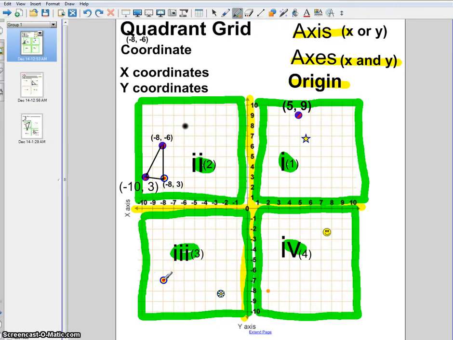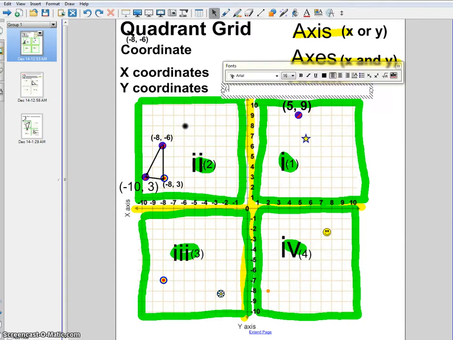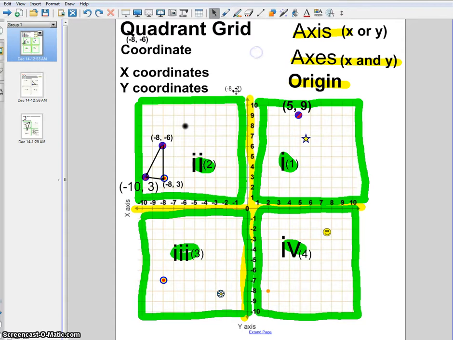Well, what coordinate pair makes this coordinate? Let's see. I'm going to start on my x-axis first. That appears to be -8 on the x-axis. And from -8, it goes down to -7. And now I've created (-8, -7) right here.